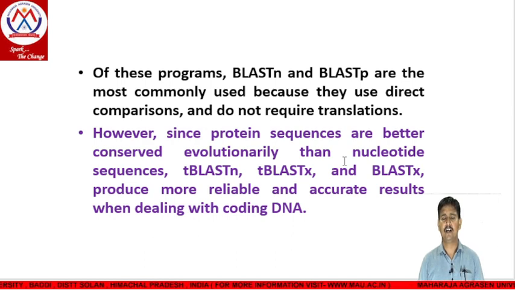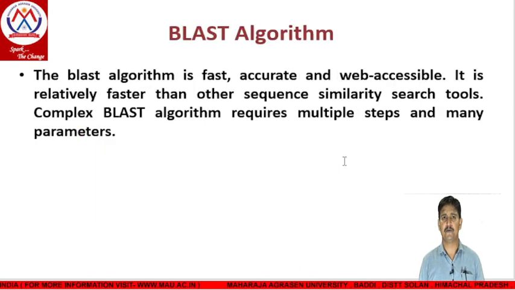As we all know, protein sequences are conserved evolutionarily. If the protein sequence changes, the function of the protein changes. That's why protein is better conserved than DNA sequence. So comparing protein sequence with protein sequence provides more reliable results from an evolutionary point of view.